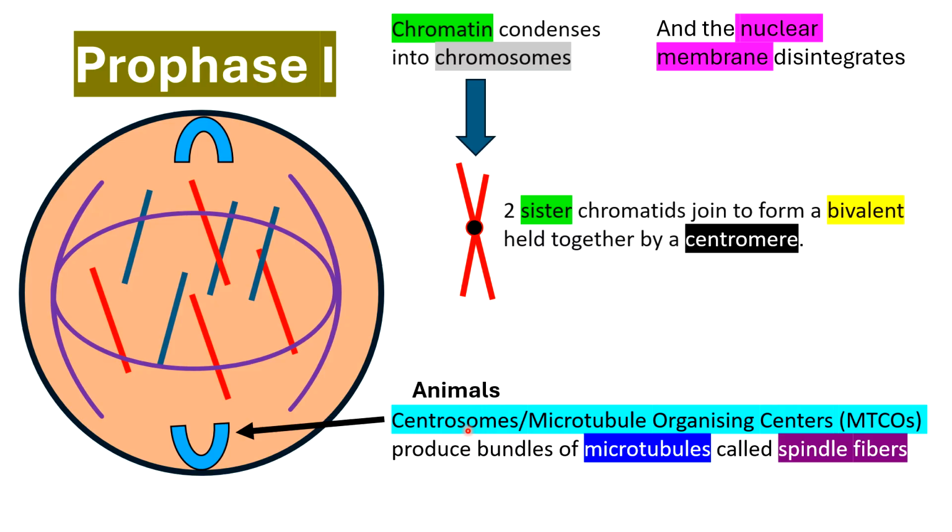Centrosomes are for animal cells, and plants involve microtubule organizing centers or MTOCs, and both have the same function, which is producing the bundles of microtubules called spindle fibers. Keep in mind that centrosomes contain something called centrioles.